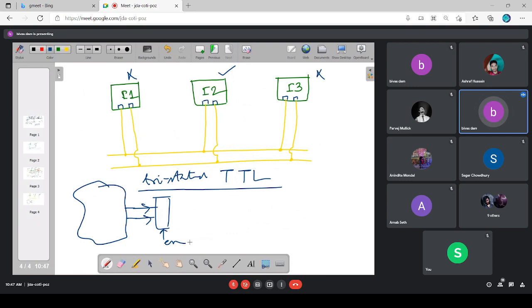This enable input is basically coming from the address decoded output, the address decoder output. If this particular input device is supposed to be enabled for data transfer, this enable will be 1. If this is not supposed to be enabled for the data transfer, the enable will be 0. Now this enable input is your Z signal of the tri-stated TTL inverter.